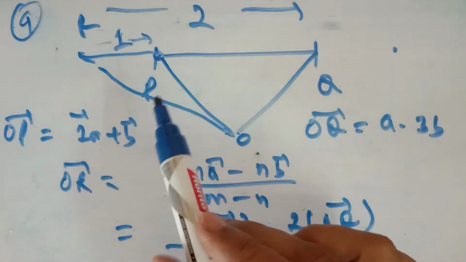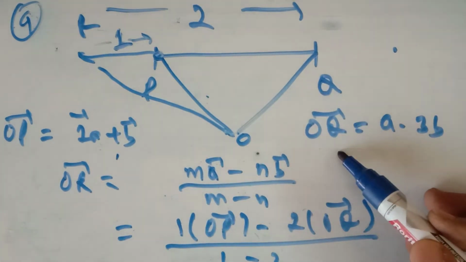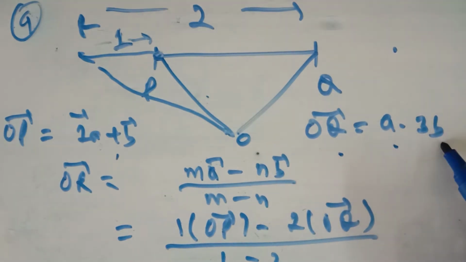So it is given that the position vector of P is 2a plus b, the position vector of Q is a minus 3b, and it is dividing in the ratio 1:2 externally.